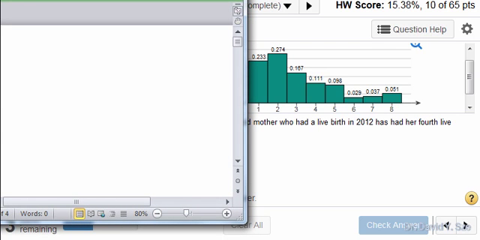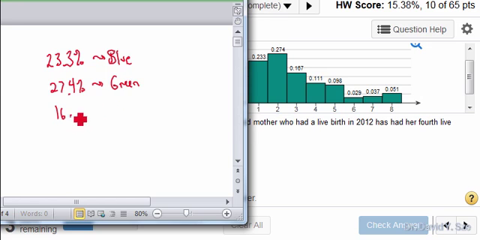That's just like saying 23.3% of people prefer blue. It's like 27.4% of the people prefer green. These are discrete categories. In this case, they are the number of live births, but they could also be colors: blue, green, white, etc.